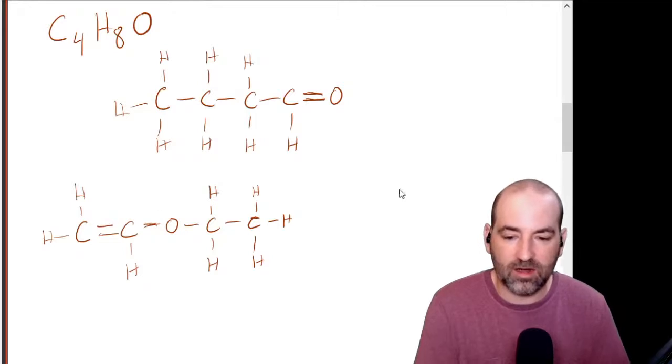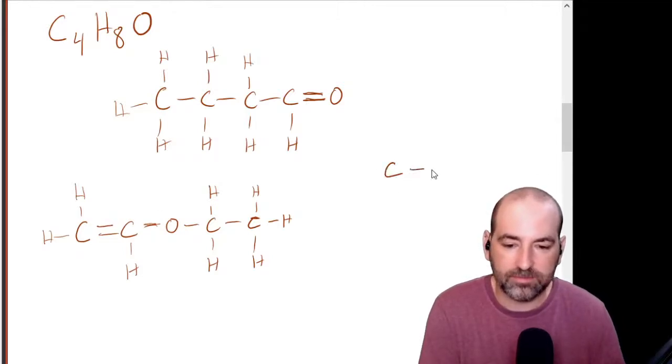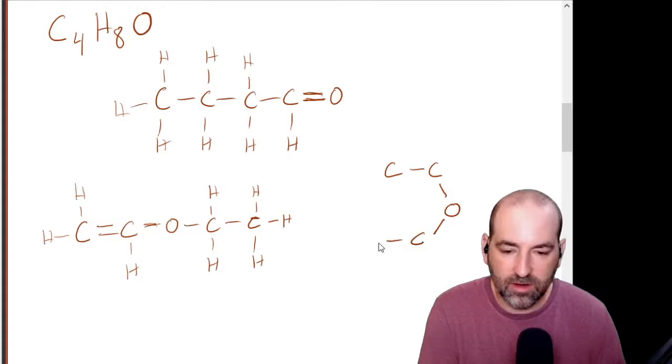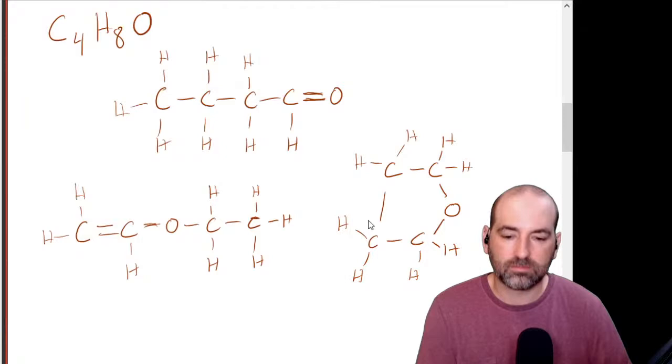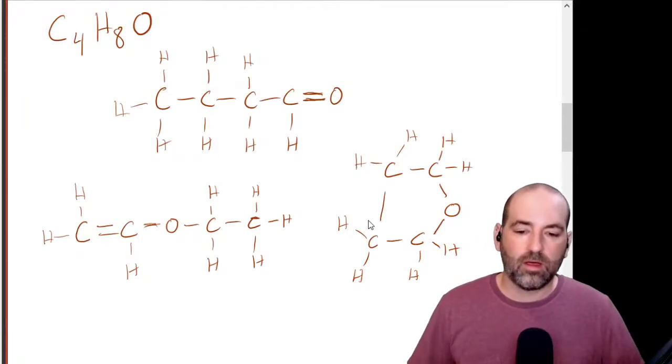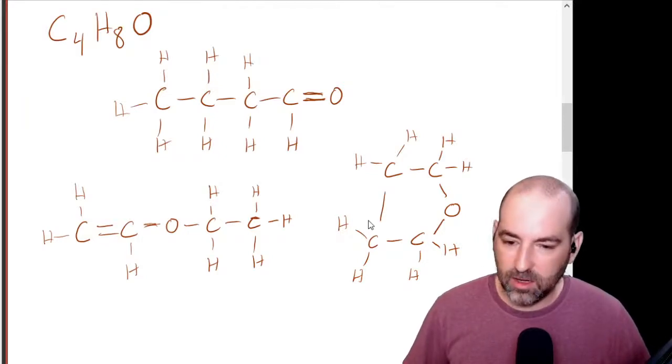There's even ones that aren't in a chain, like this one. We could connect everything around in a pentagon shape with hydrogens coming off the carbons. And that is also C4H8O.